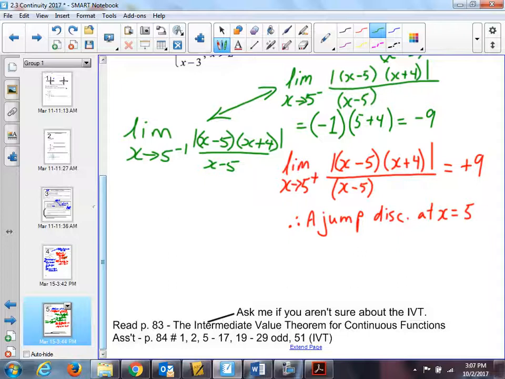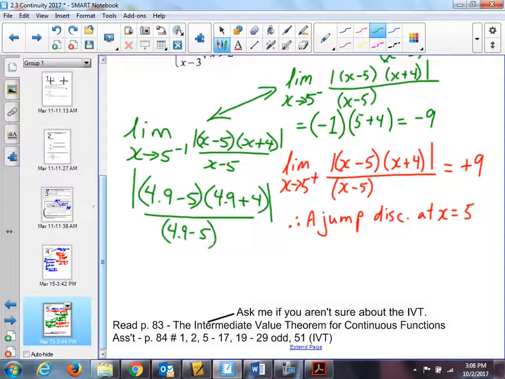But just literally think, if I use something to the left, so 4.9, I'm going to put this in here. And then you can use this argument at 4.99 and 4.999, you know what I mean. So this is what I'm doing, absolute value. So this is what you're thinking.